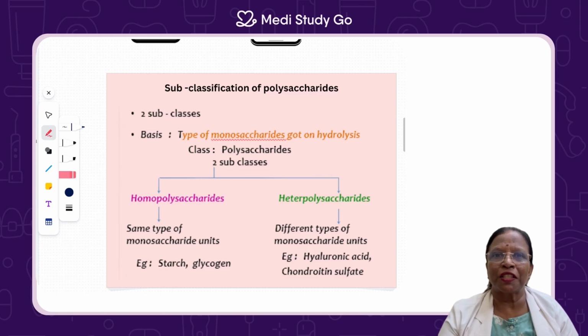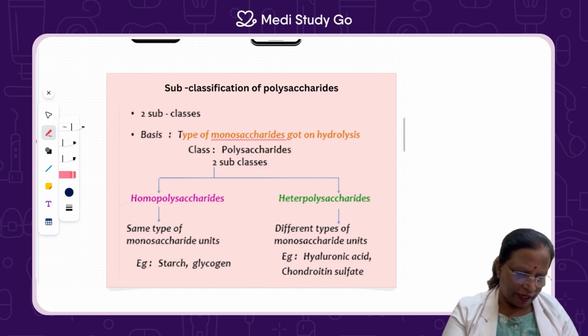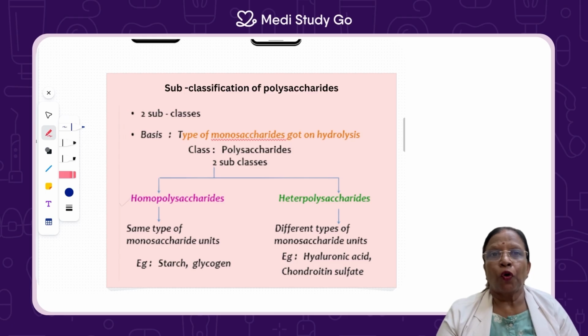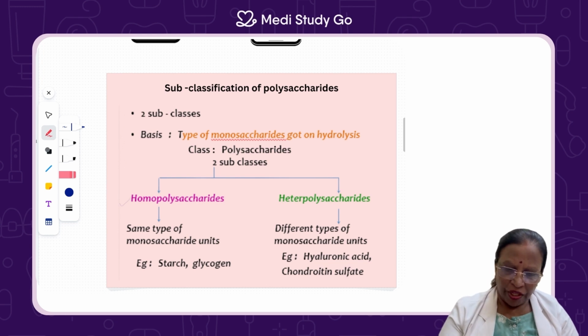If on hydrolysis they give only one type of monosaccharide unit, they are called homopolysaccharides. Examples for homopolysaccharide: starch, glycogen, cellulose, dextrins, dextrans, chitin, inulin, all these come under homopolysaccharides.